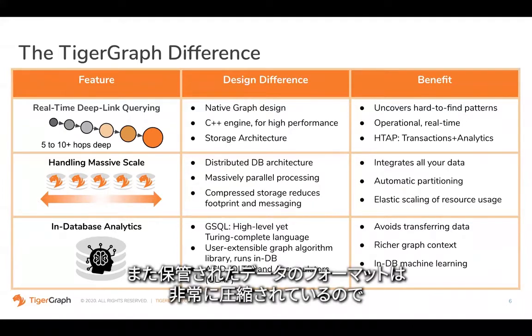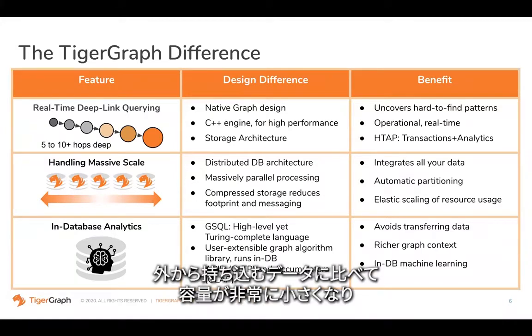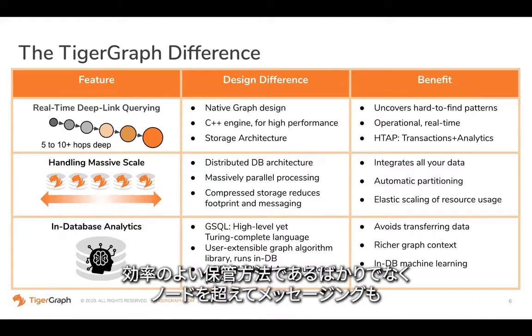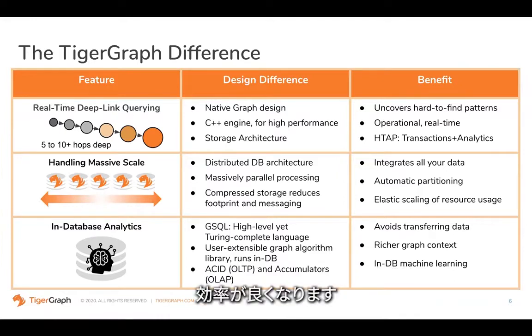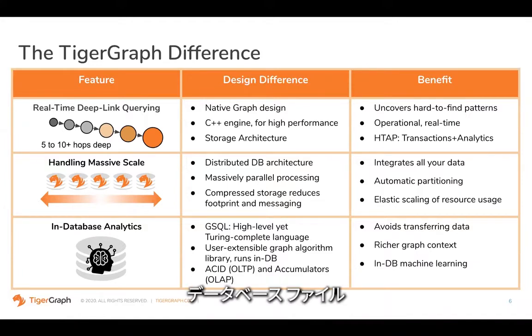And also the way we store data is in a very compressed format, so that the footprint is very small compared to the data that you bring in. That makes us efficient in terms of how we store as well as messaging. If you have to communicate across nodes, everything becomes easier. And from a benefits perspective, in this way, you integrate all your data. Your source systems may bring in all sorts of data from databases, files, and input streams.